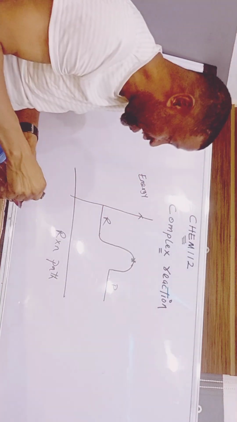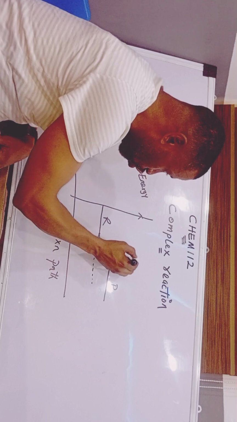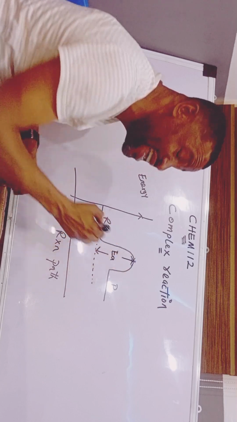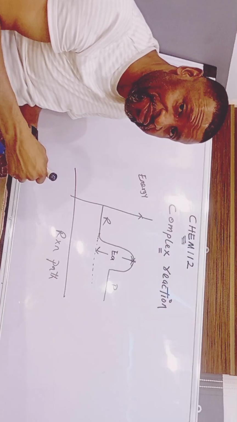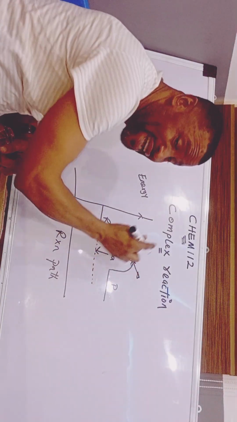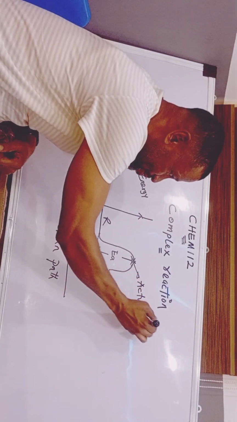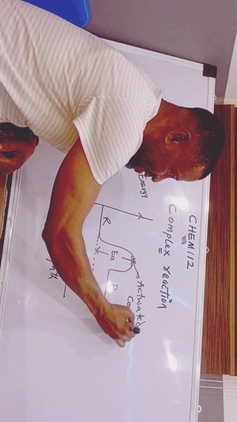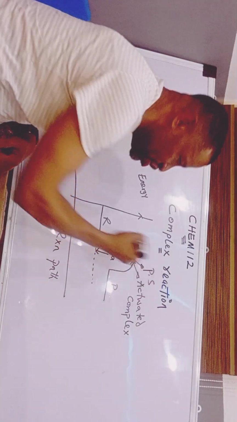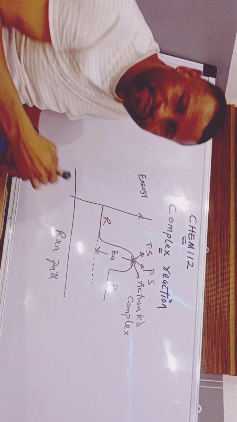Are you with me? Now, starting from where the reaction started to this turning point, that's what we call activation energy. This turning point here is the point of maximum energy. That is what you call activated complex. That is what you call propagation stage. That is what you call transition stage.